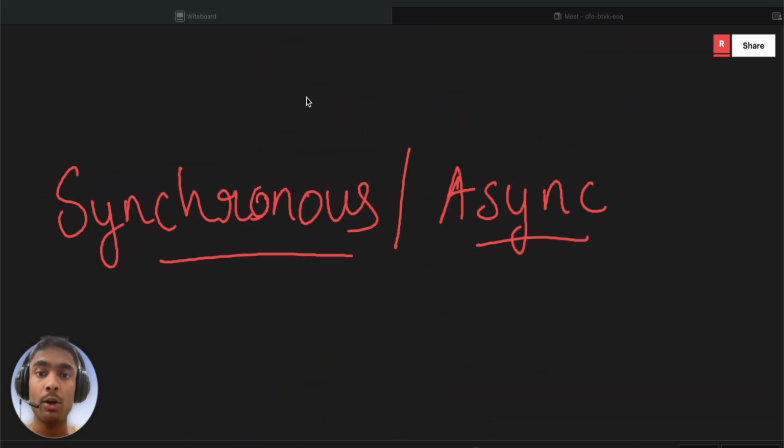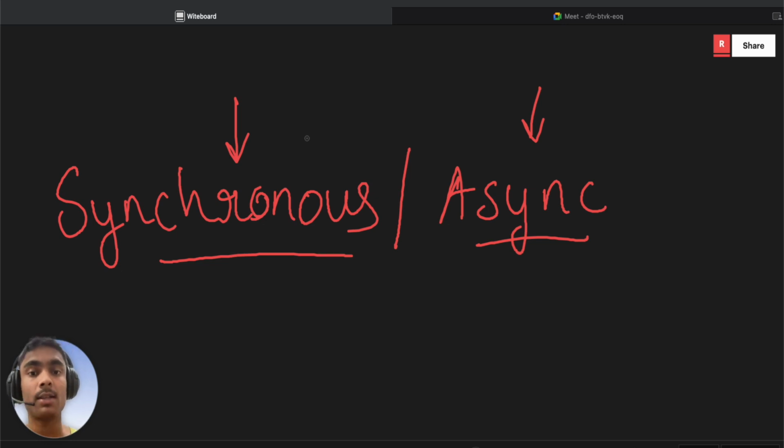There are two other ways to solve this synchronization problem. One of them is the synchronous way and the other is called the asynchronous way. So what do I mean by synchronous? That means that a data modifying transaction is not considered committed until all servers have committed the transaction.